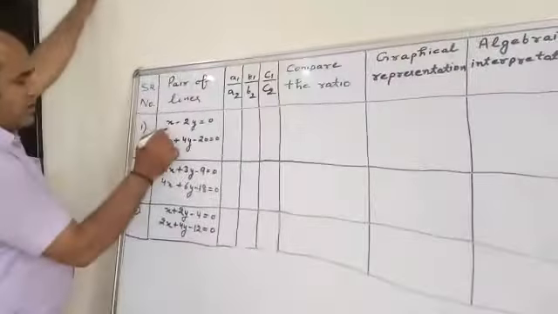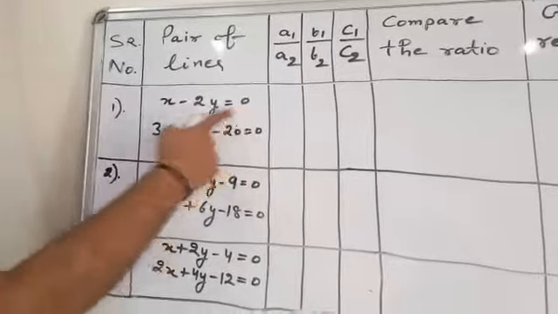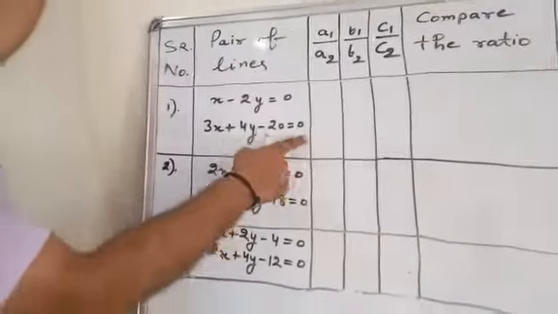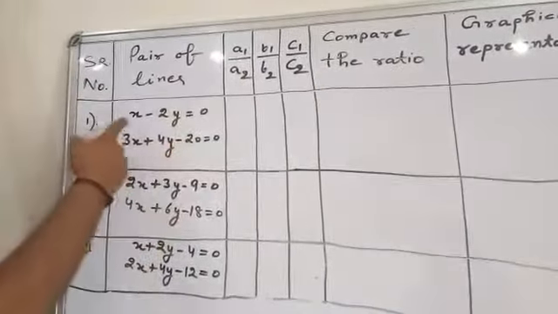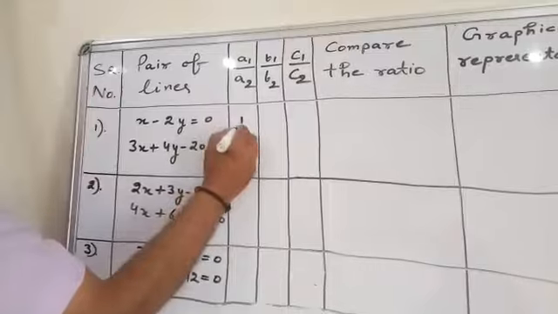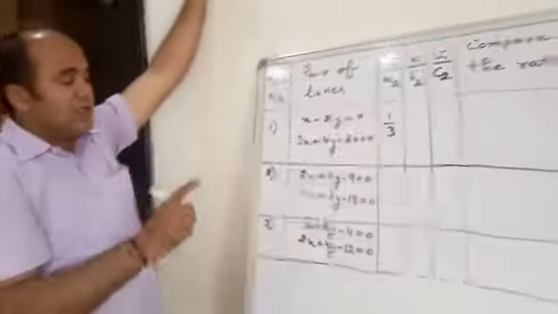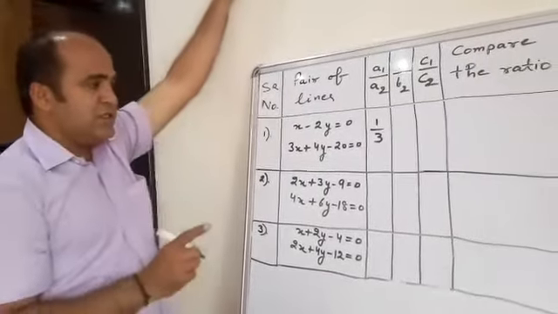See, first one is x minus 2y equal to 0 and 3x plus 4y minus 20 equal to 0. So a1 upon a2 here is 1 by 3. a1 by a2 means coefficient of x in both equations.